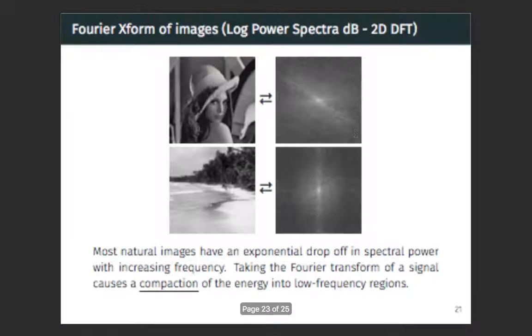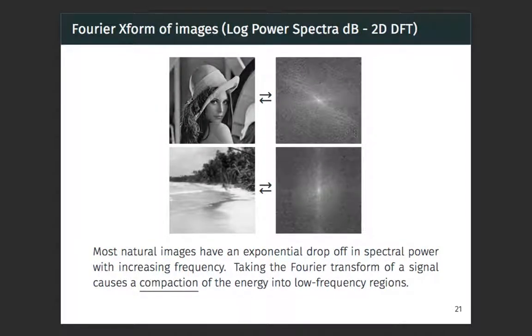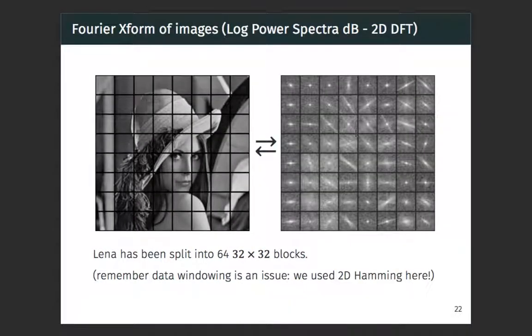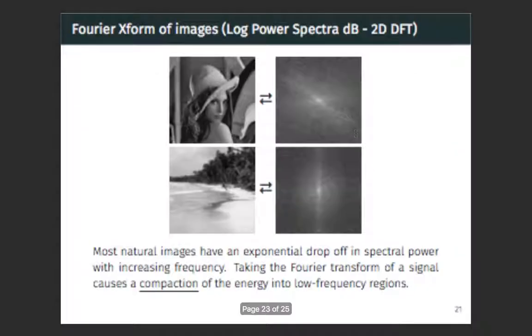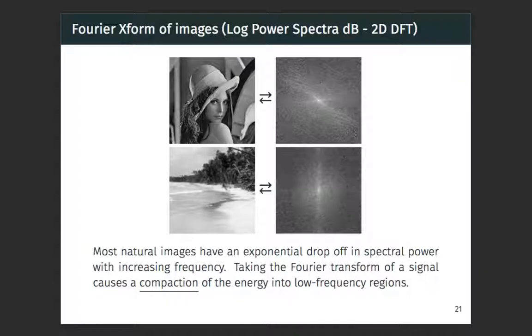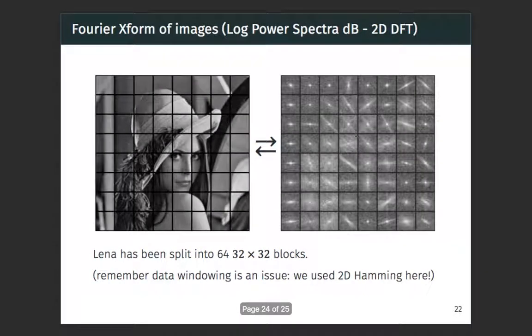So anyway, that was done on the entire picture. Usually doing that exercise on the entire picture is not very useful because it's too much of a mess. You could maybe identify big things happening in the picture. Most of the time, if you look at JPEG, which is closely related to the Fourier transform, they will split your pictures into blocks. So here, I split that into blocks of 32 by 32 and computed the Fourier transform.